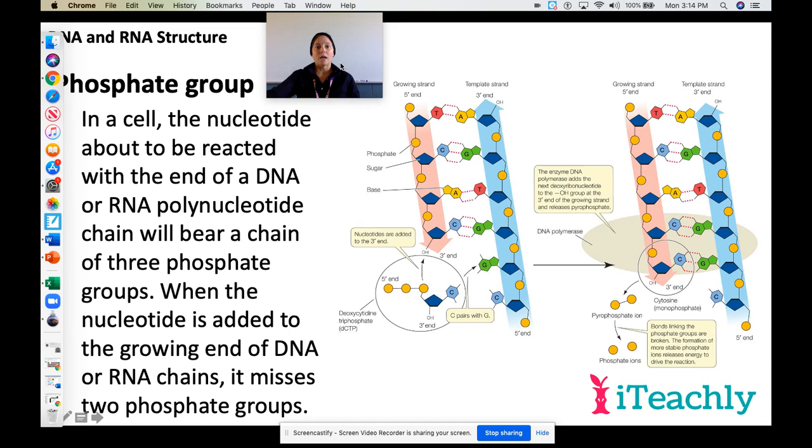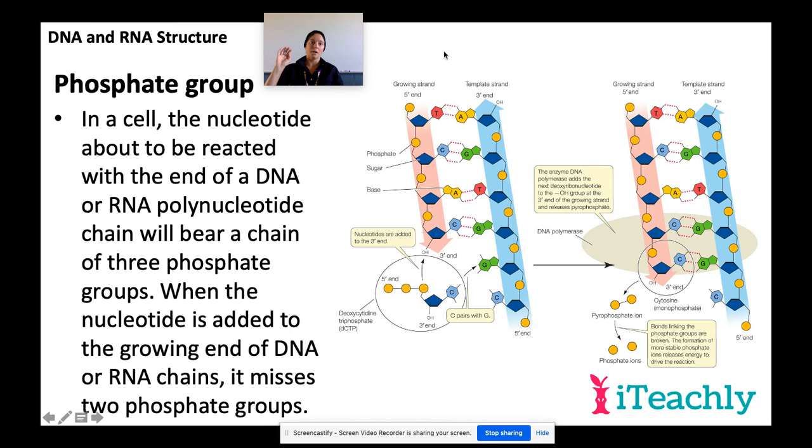So let's now take a look at the phosphate group. A nucleotide by itself will actually have 3 phosphate groups attached to it. If this nucleotide is not attached to a structure, it will have 3 phosphates, so sometimes it's referred to as a triphosphate because of the 3 here.